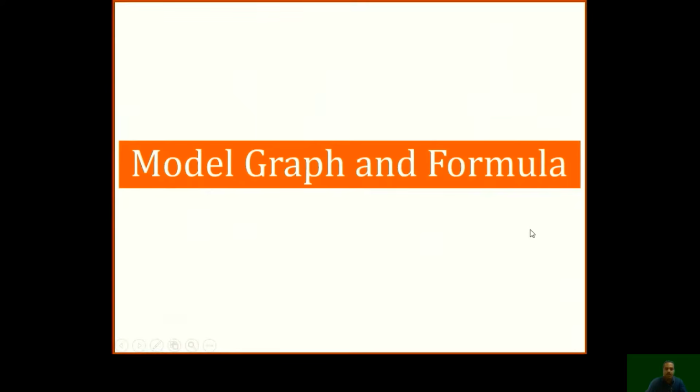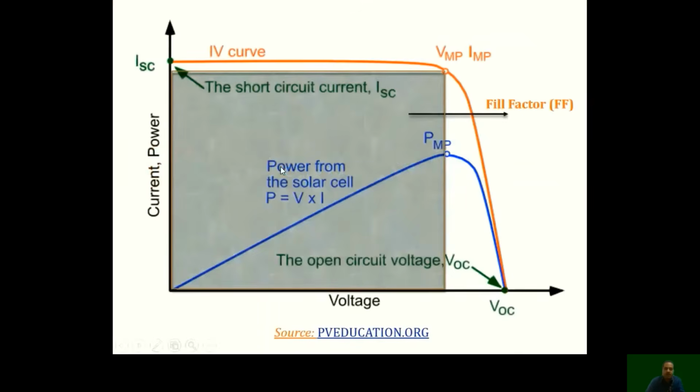So now let us have a look at the model graph and the formula that is required for doing this experiment. So this is the model current versus voltage graph, and together with that we have plotted the power as a function of the voltage. Here there are three important points.